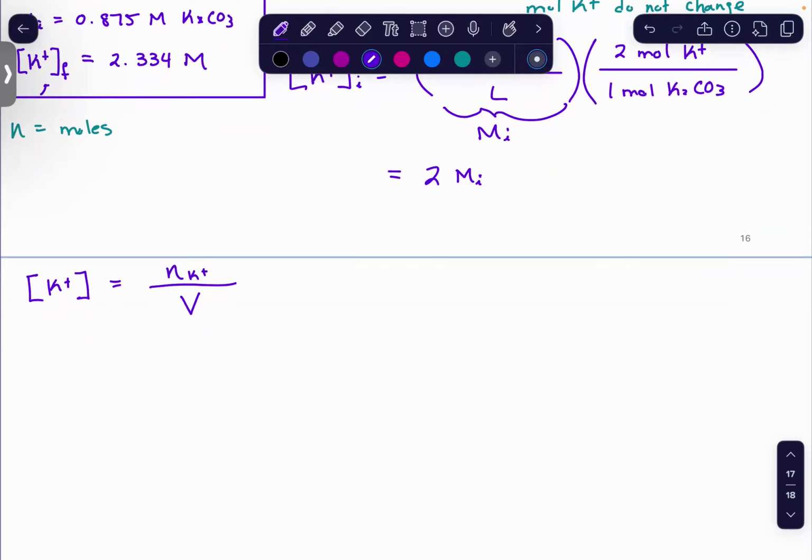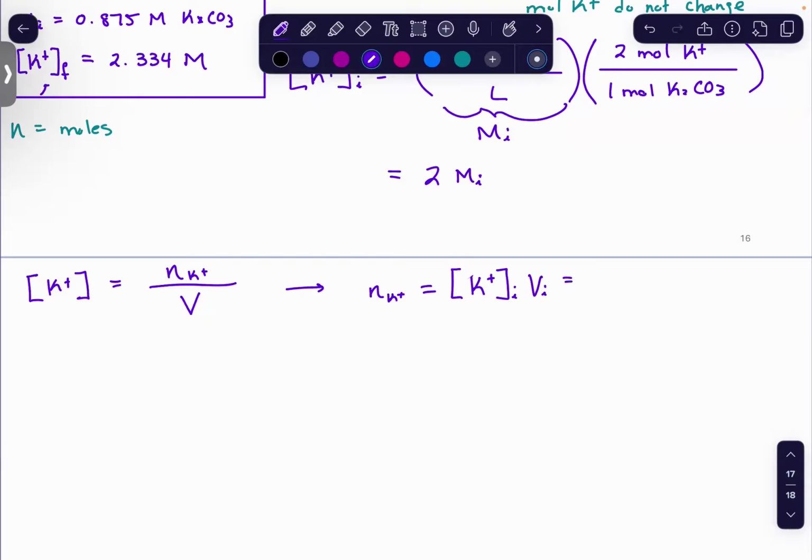So I can say that my expression for moles of potassium ions equals my initial value, concentration times volume, because what you're doing is taking this volume and multiplying it to the other side.